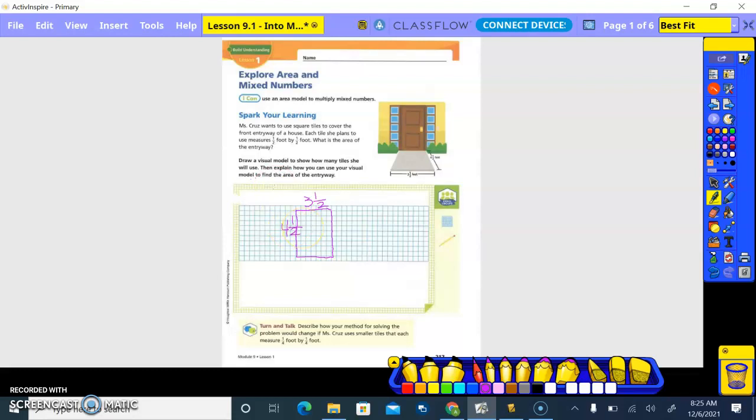So 4.5. Okay, and we had 7 boxes here, right? Okay, and 9 boxes there. So technically, how many boxes is that? 63, because we have 7 across the top and 9 down, right? Okay, so that would get us 63.